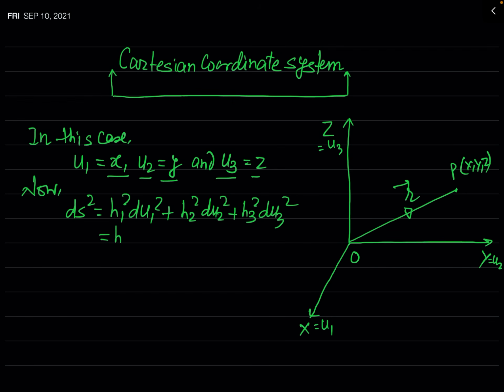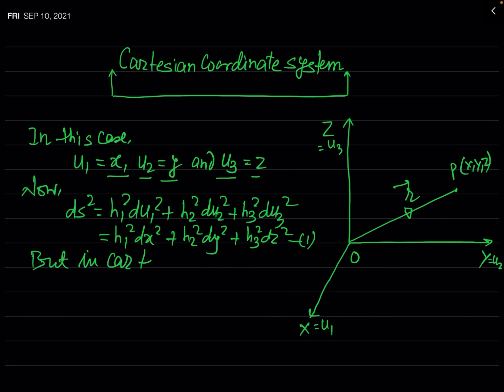So in this case you can write this expression as h1 square dx square plus h2 square dy square plus h3 square dz square. Say this is equation 1. But in Cartesian coordinate system, you know what is the expression for ds square.